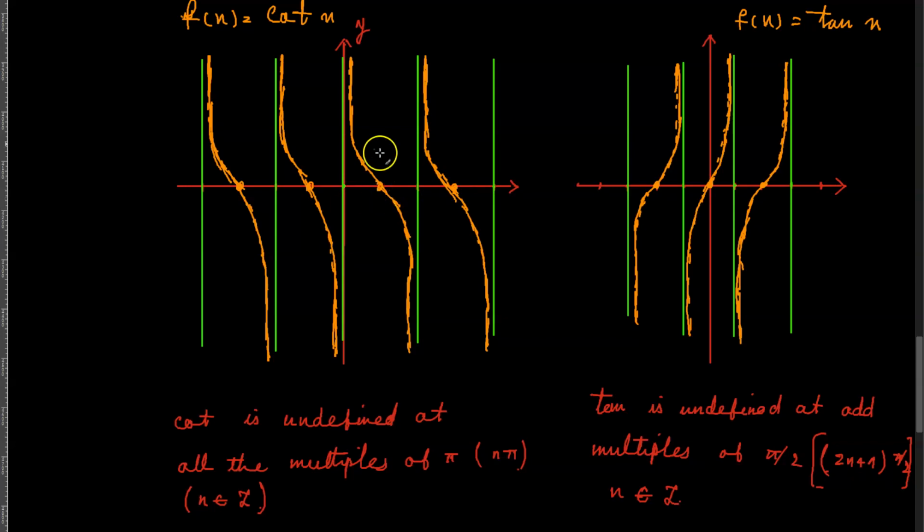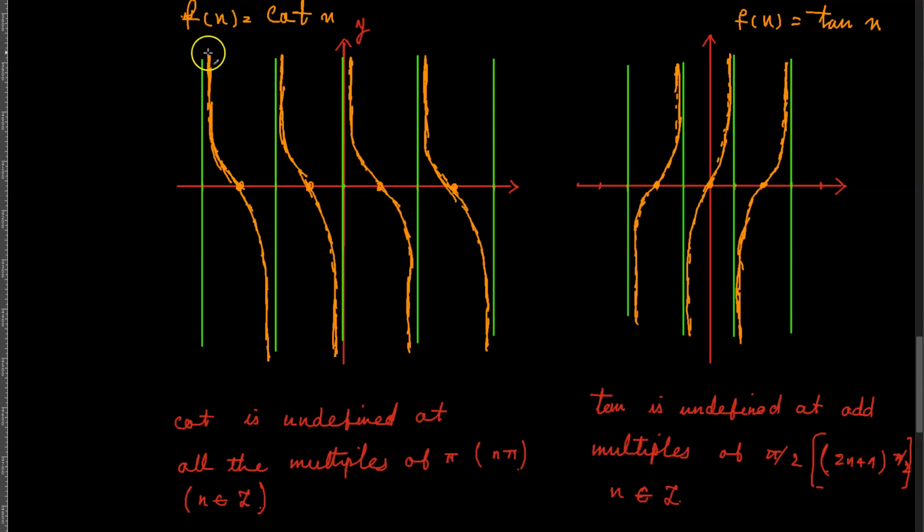But if you want to use the standard function, you know that the function in standard configuration is not defined at multiples of pi. This function is not defined at odd multiples of pi by 2. And you can see the shape of this function goes from the very beginning of the cycle.